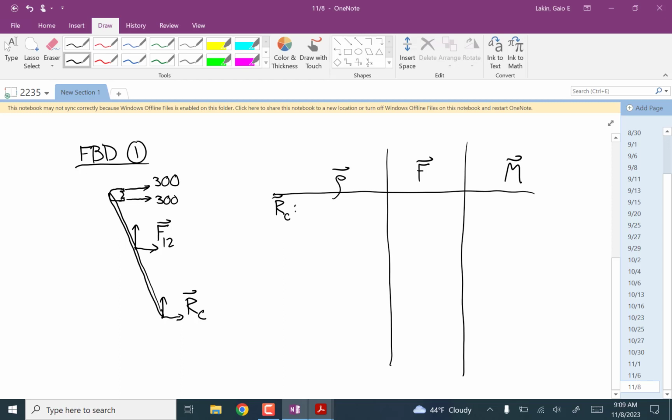So RC, I will choose that as the about point. So row vector is 0. Force is RCX, RCY. Moment is 0. Then we got F12.